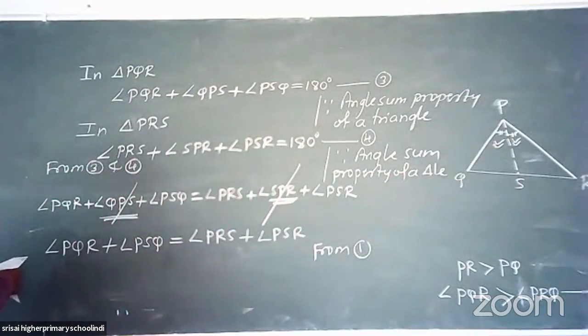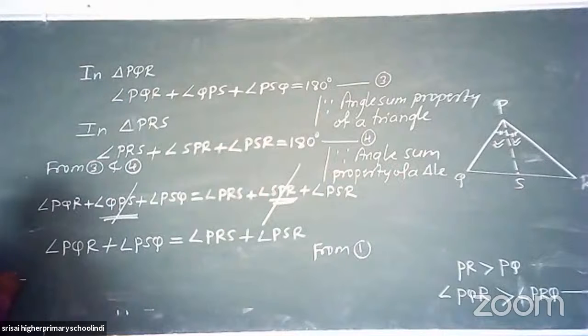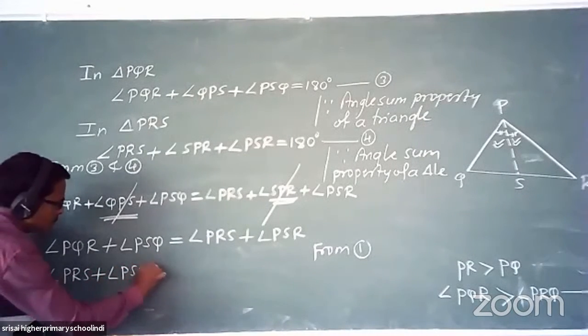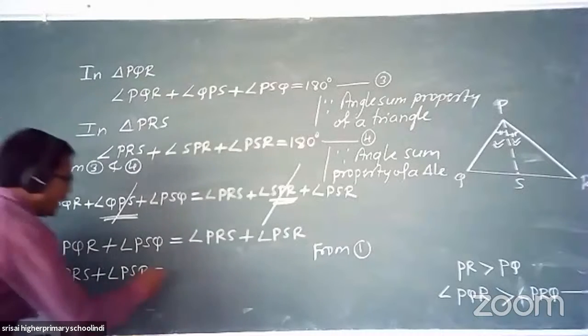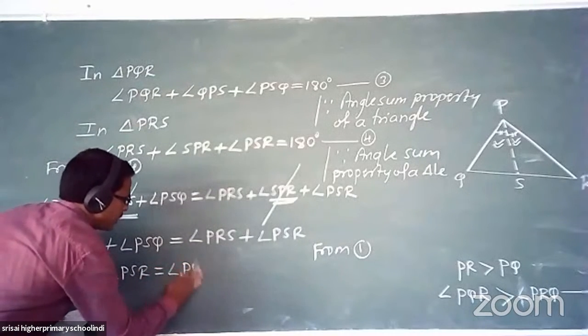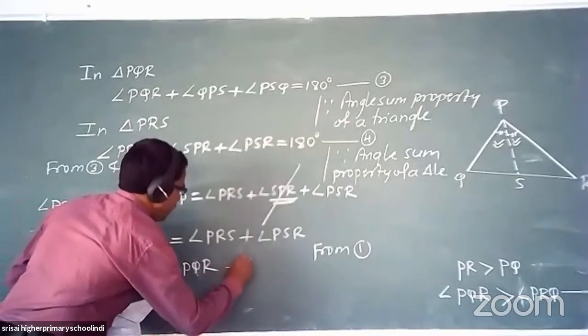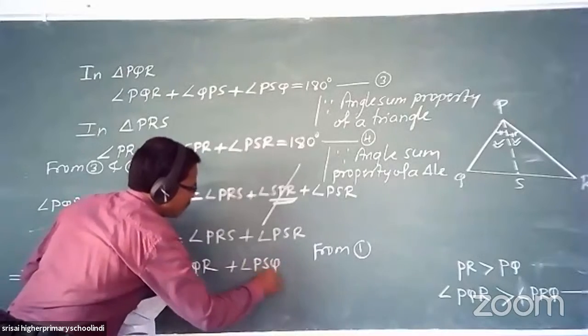Okay. Now from 1 we can write it as, this implies angle PRS plus angle PSR equals angle PQR plus angle PSQ.